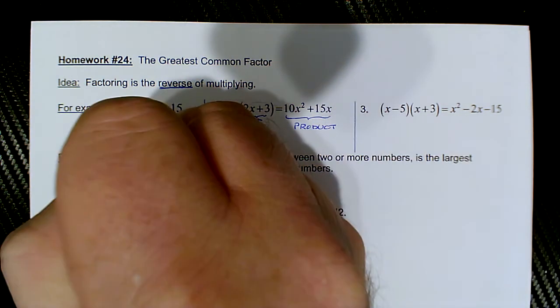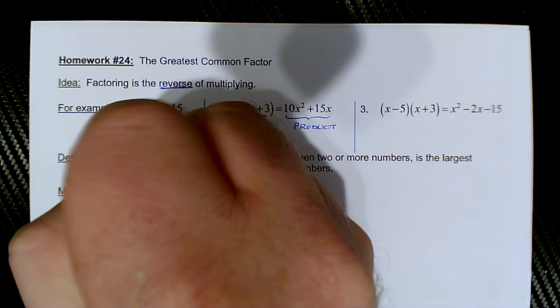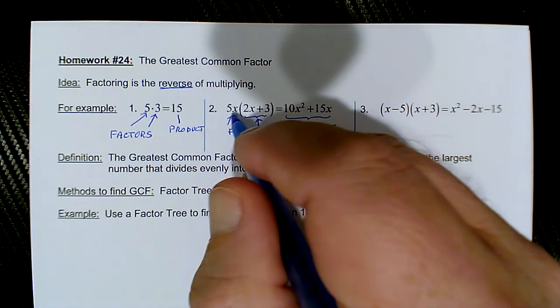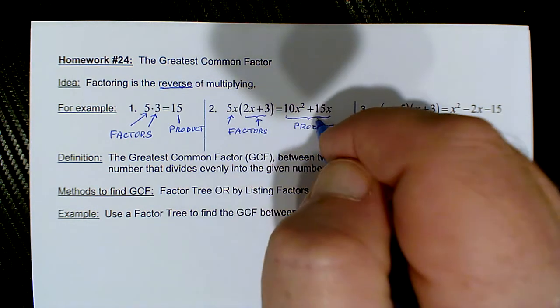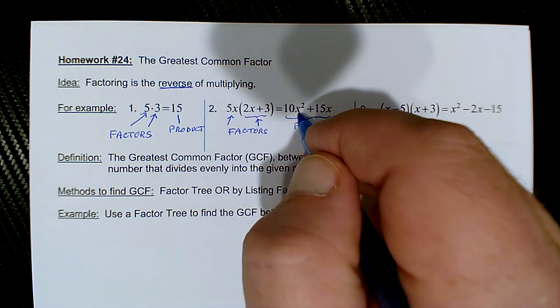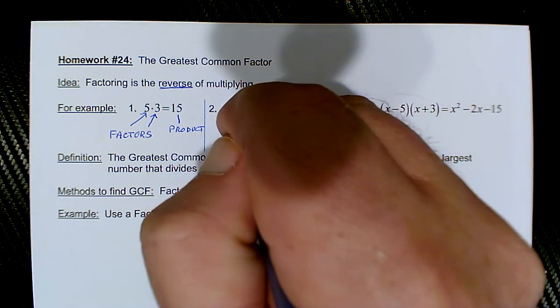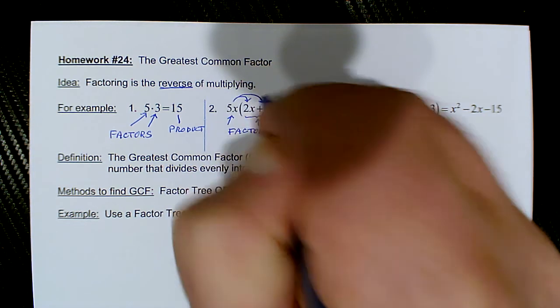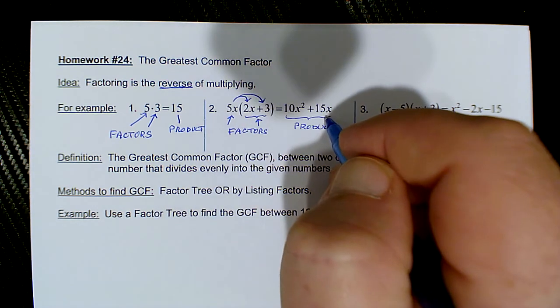And of course, from the last unit, we know that we could obtain this product by just distributing the 5x, because 5x times 2x would give us 10x squared, if we want to show the distribution, and 5x times 3 gives us the 15x.